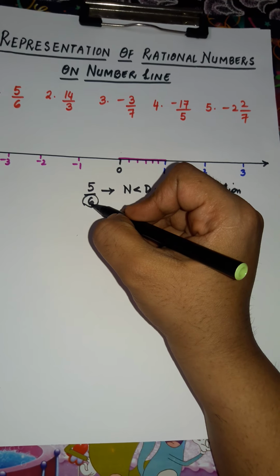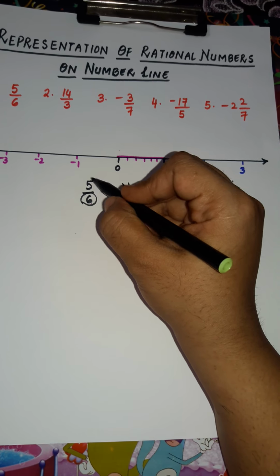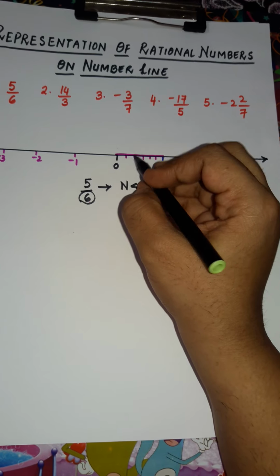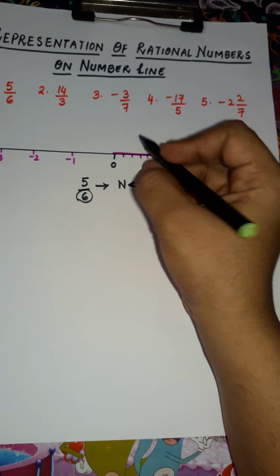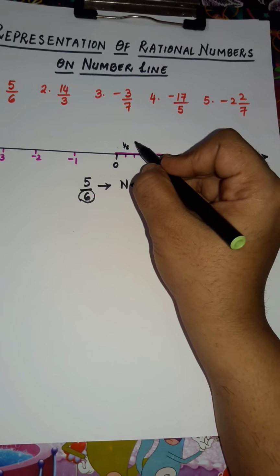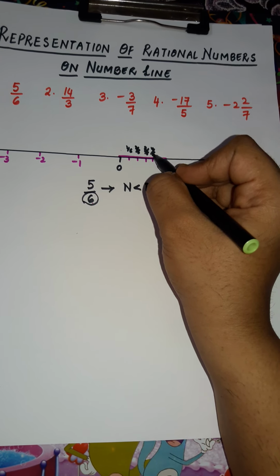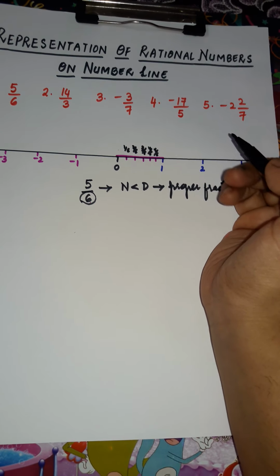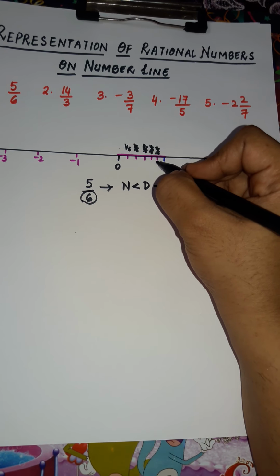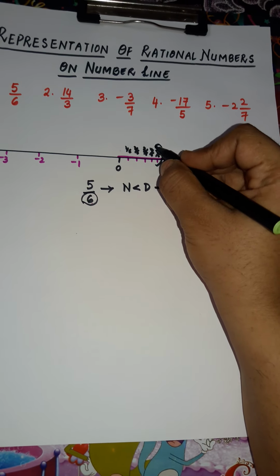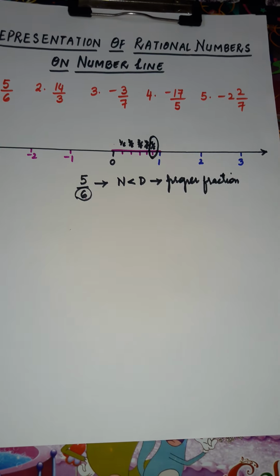After that, in 5 by 6, 5 is the numerator. So here this is 1 by 6, 2 by 6, 3 by 6, 4 by 6, 5 by 6. This is nothing but 5 by 6. Like this you plot 5 by 6.